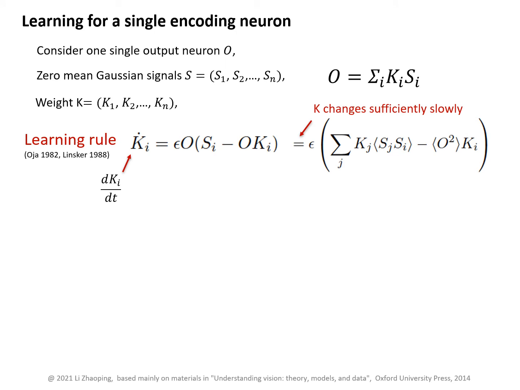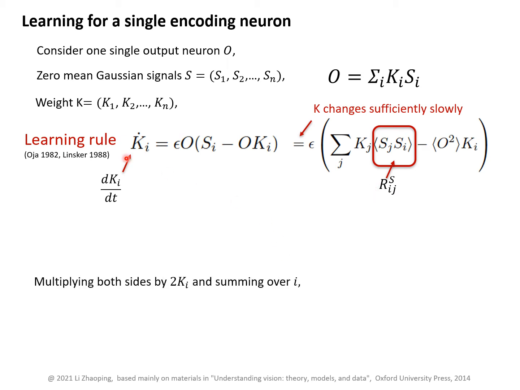So cleaning up, we write the results here, and we notice that this correlation is the ij element in the input correlation matrix R_S. Now let's multiply both sides of this equation by 2ki, and then we sum over i. We get this result. On the left-hand side, this derivative times 2ki is the derivative of ki squared, and then we sum over i.